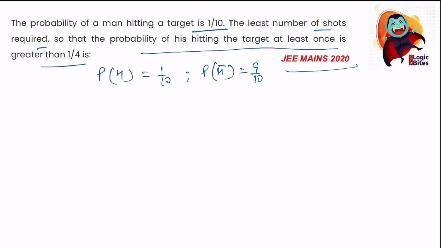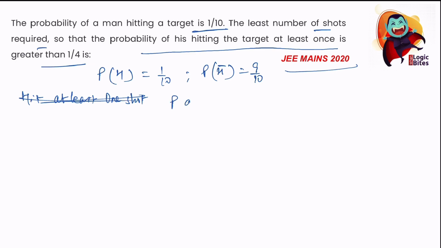So, now we need to find that probability. So, getting a hit at least once, we will write like this.